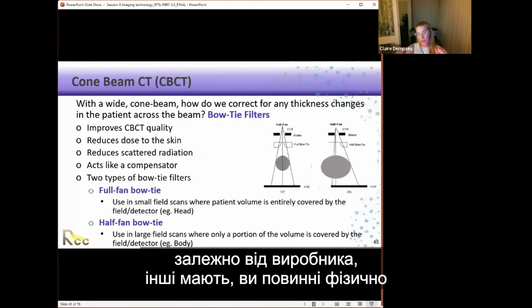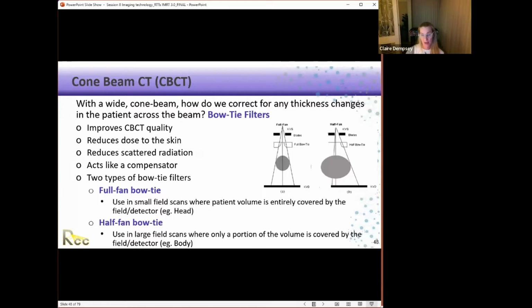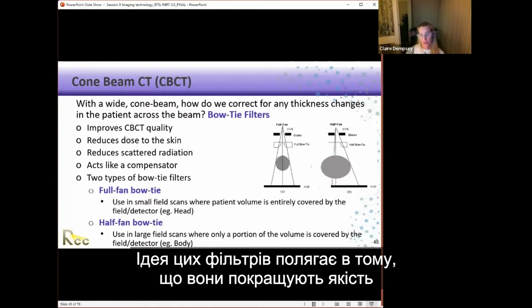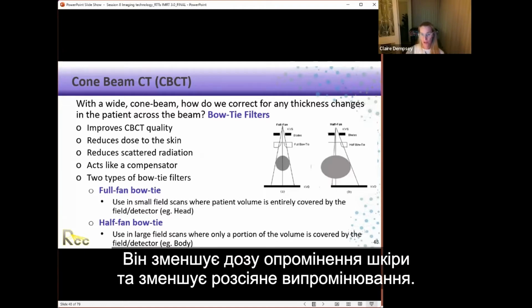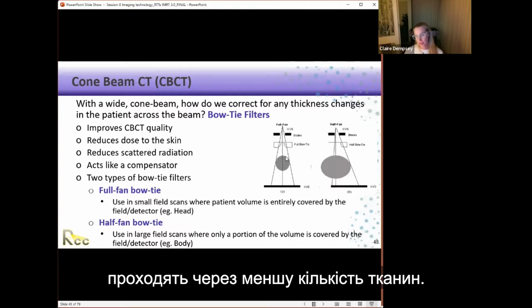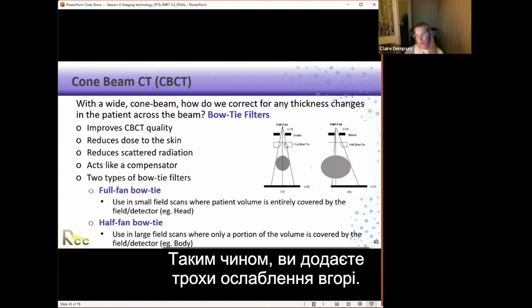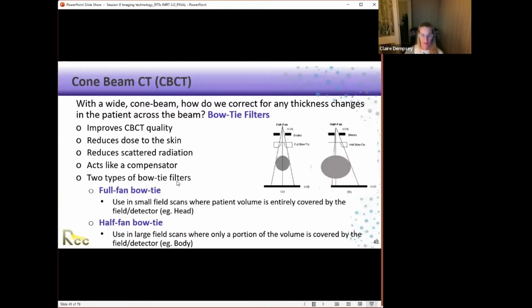Others you have to physically put in before your cone beam CT. The idea of these filters is that they improve the cone beam CT image quality, reduce dose to the skin and reduce scattered radiation. It acts a little bit like a compensator in that the edges of the cone beam are passing through less tissue, and so you add a little bit of attenuation at the top. So it's acting a little bit like a compensator in the image creation.